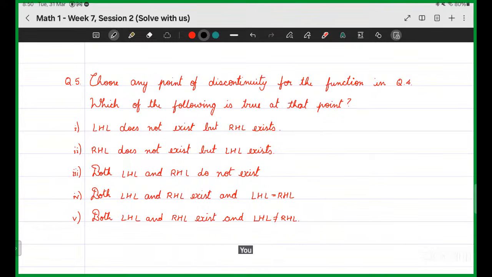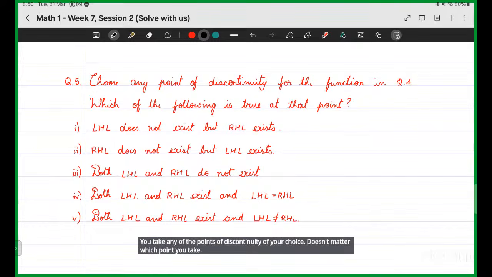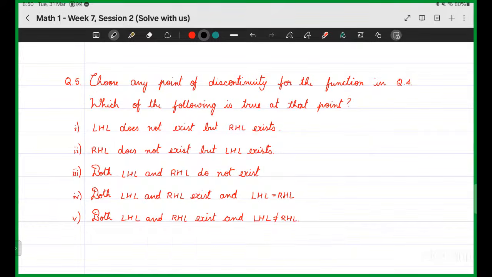You take any of the points of discontinuity of your choice. Doesn't matter which point you take. There's exactly one statement among the 5 given that is true. So which one is it? Number 4. Anyone else thinks it's not number 4?